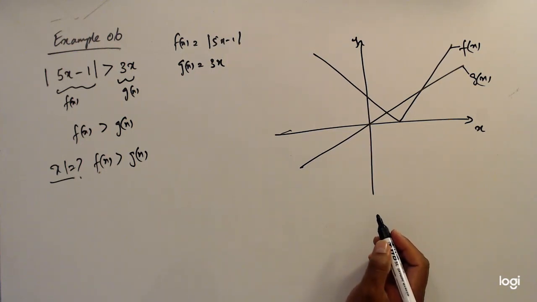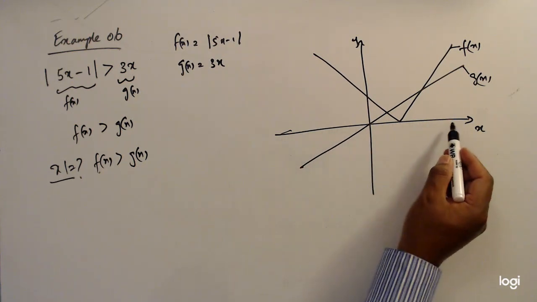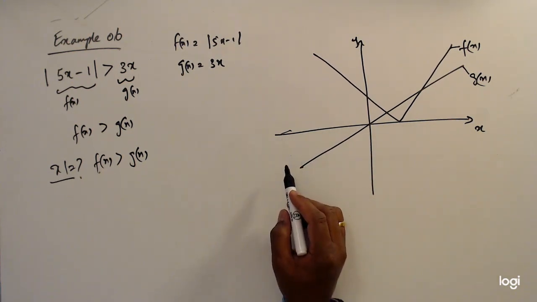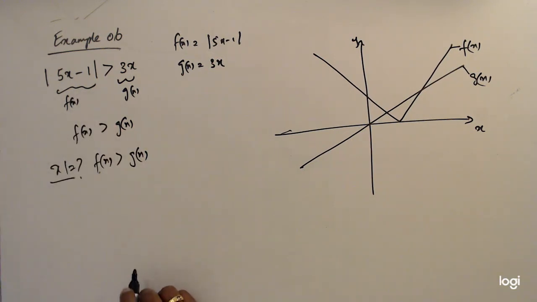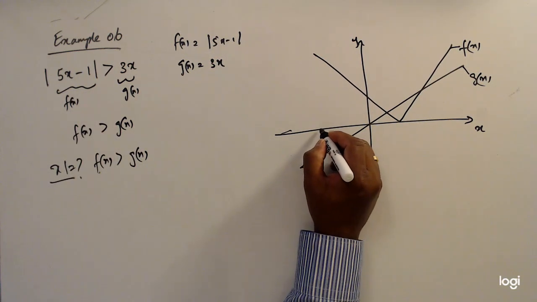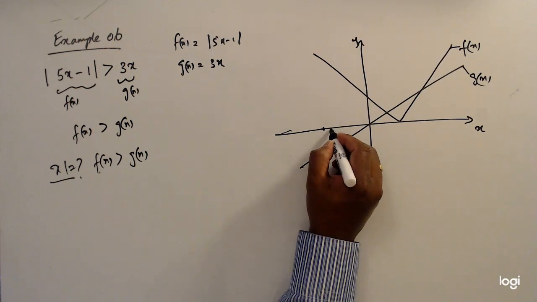Now, which x values? There are an infinite number of x values on this number line, and which x values satisfy this inequality? So we'll take one x value first. This is a.